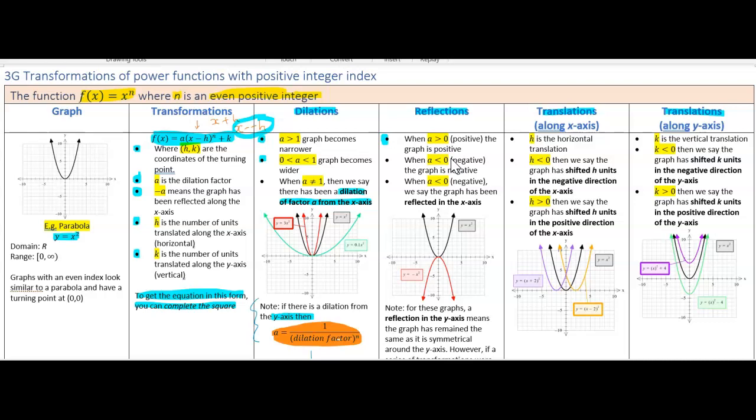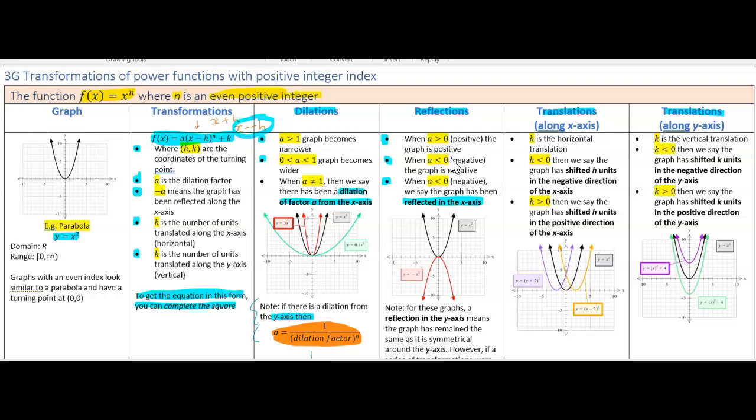We can see there in the black, it's a positive parabola. When a is less than 0, which is negative, the graph is negative, and we say it's been reflected in the x-axis. You can see there in red, it's been reflected along the x-axis.